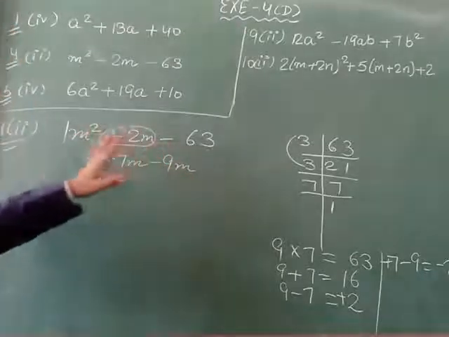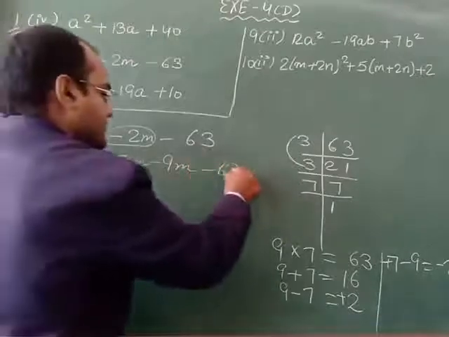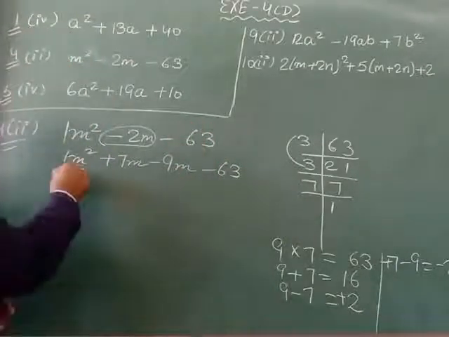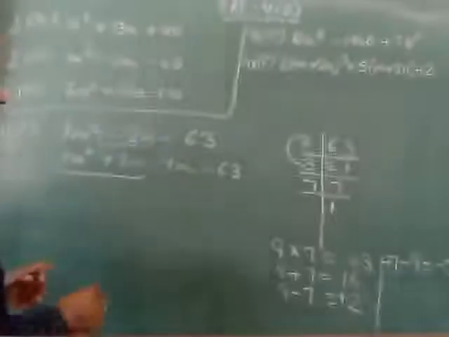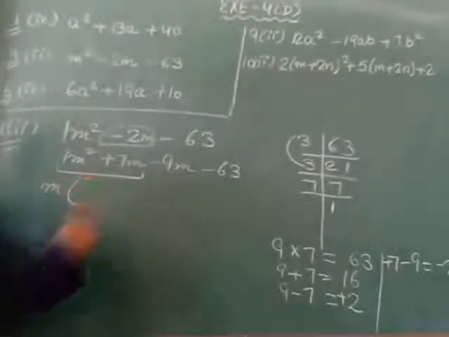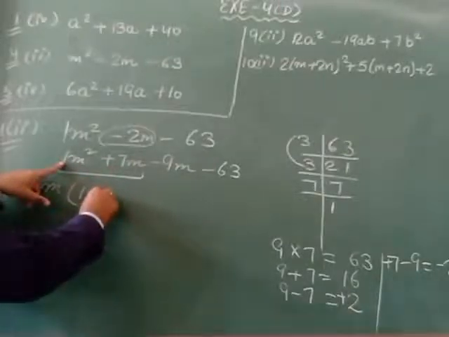The rest of the two terms we will write as they are: 1m square minus 63. Now, out of these two we will take common. What is common here? m. We will take m common from these two. 1m is the remaining part.